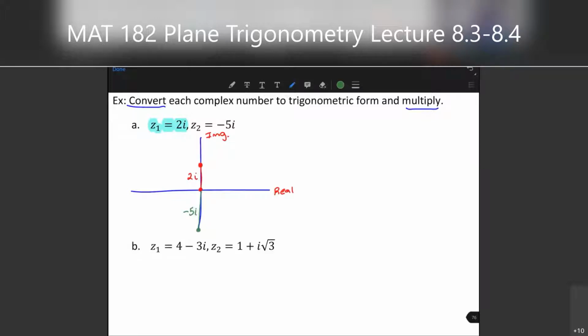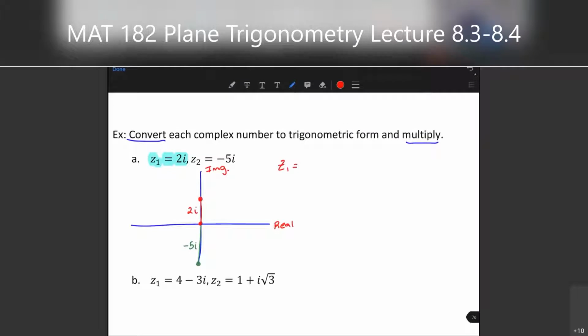So now with those graphs, we can consider what we have in terms of a trigonometric form. So let's start with the first, Z1. So the Z1, we'll rewrite here. Well, the modulus, if we consider writing in trigonometric form, we have r cosine theta plus i sine theta.